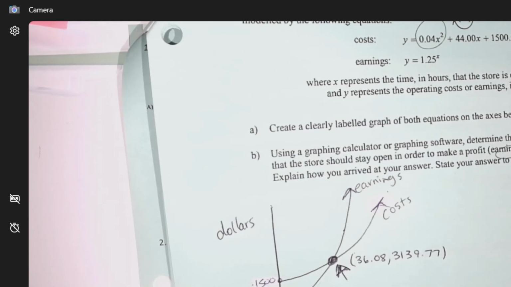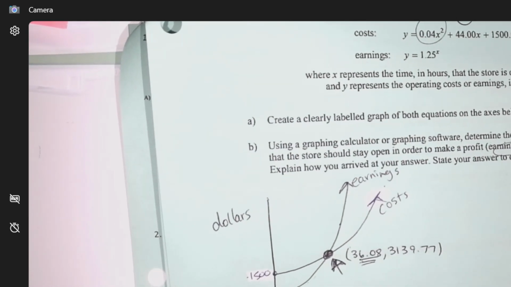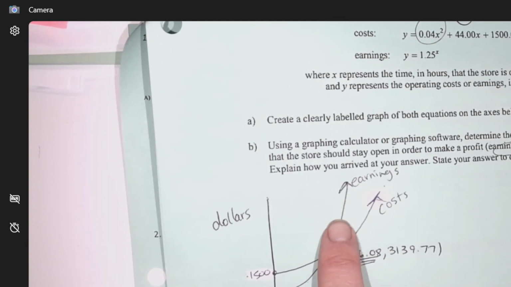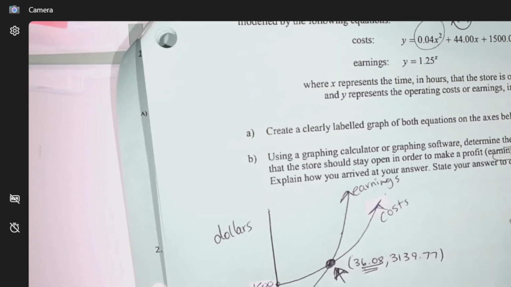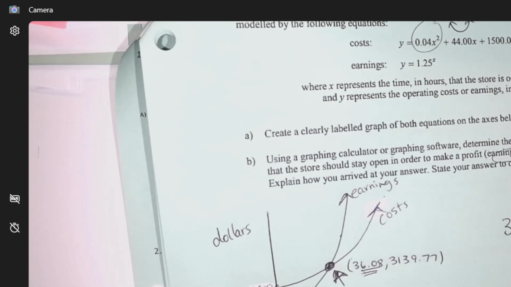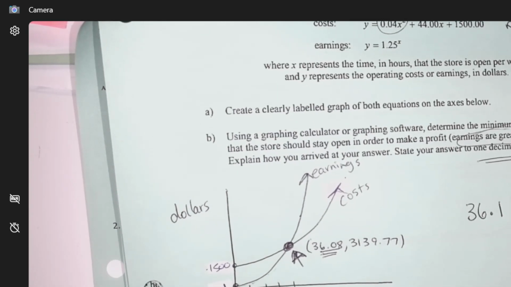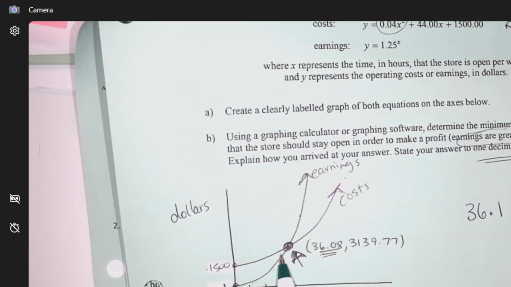So we need to do what with this number? We need to be above it, right? Okay, because you have to move this way to make this go higher. So it says to 1 decimal place, so I'm going to round up. Okay, if you answered 36, you'd be wrong because 36 would be here and now it's not greater than. 36.08 is wrong in the sense that they're not greater, they're equal. And then what do we put on the end of that because you need some kind of hours?